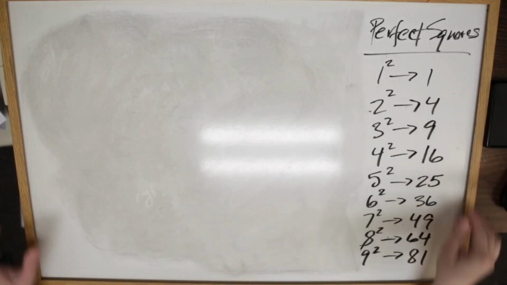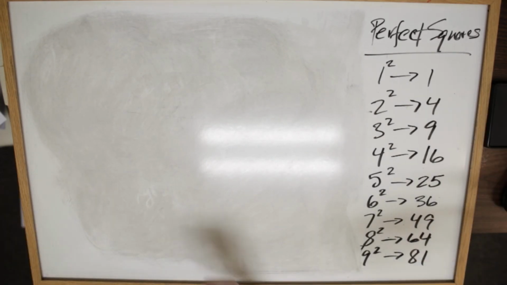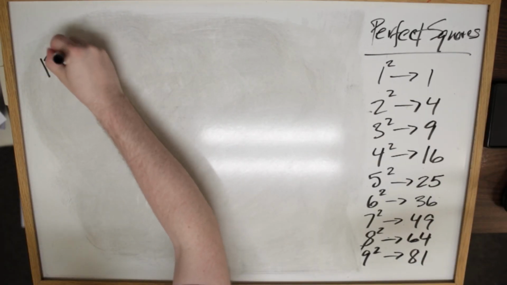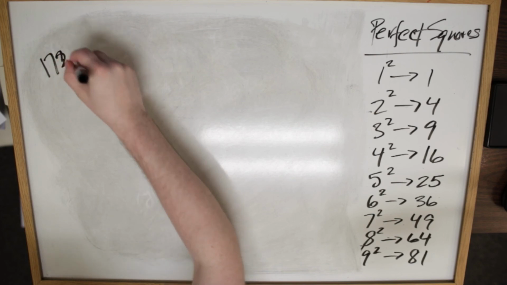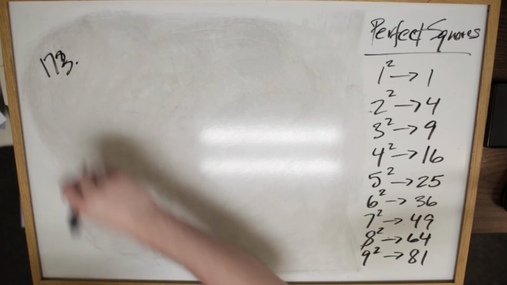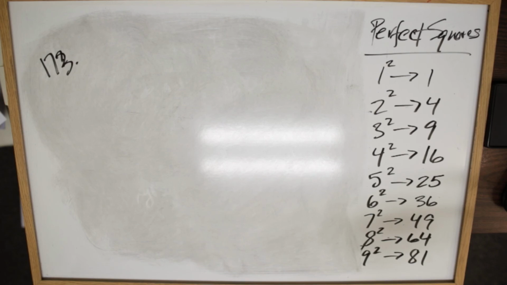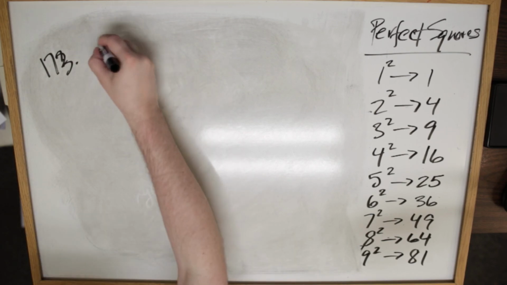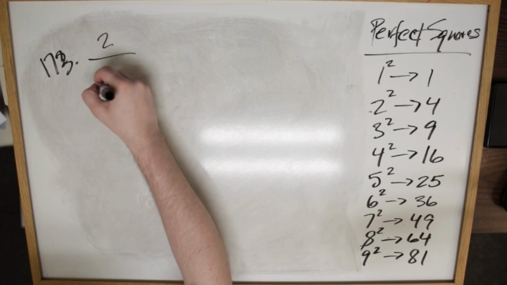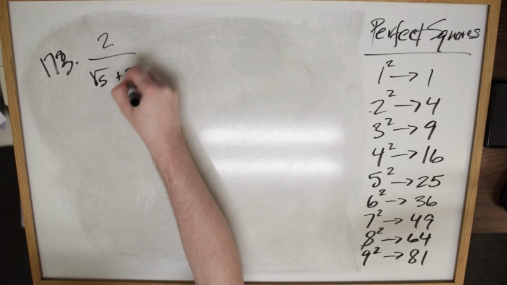So, all right, let's go ahead and keep going. We've got a couple more questions, and then we're going to call it. 173. Hello. This one is where we introduce the idea of a conjugate. Okay, so here we have 2 over root 5 plus 2.